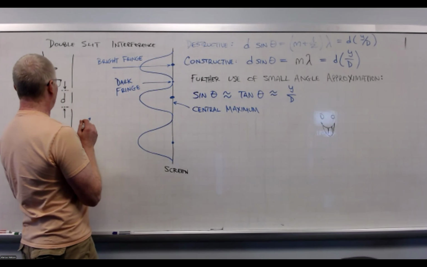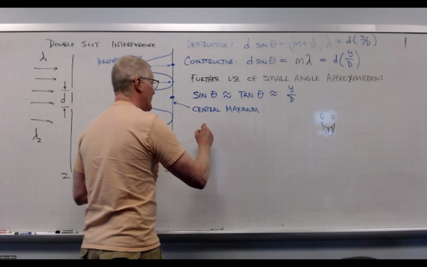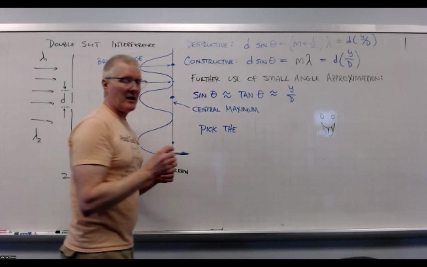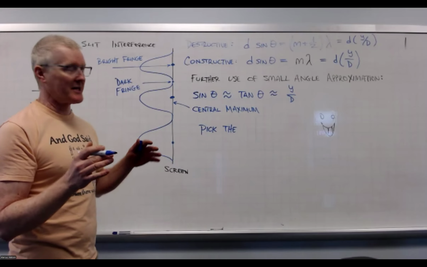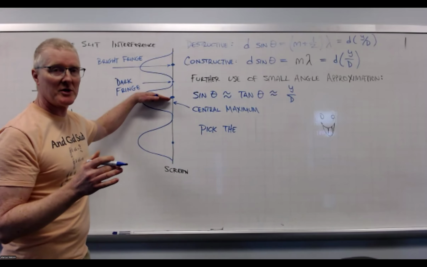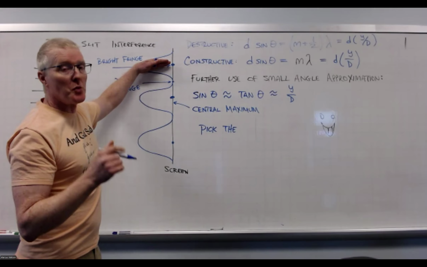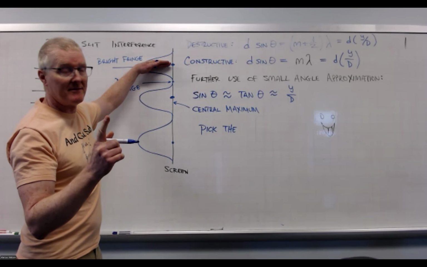Okay, back to this example. What I want to do is pick the third constructive fringe away from the central maximum. So here is the one in which there is 0 path length difference. This is the one in which there's 1 wavelength path length difference. So this is fringe number 1.